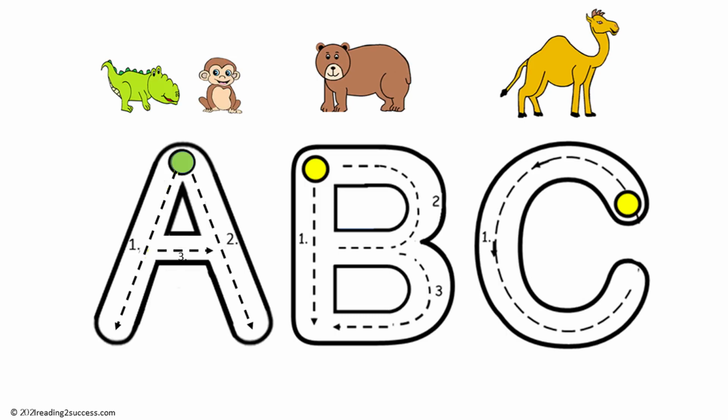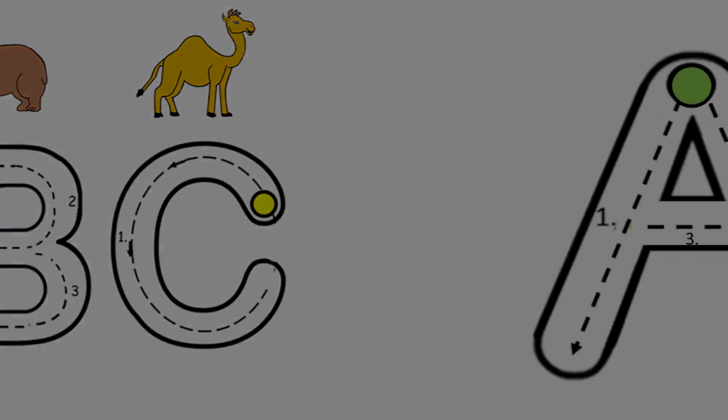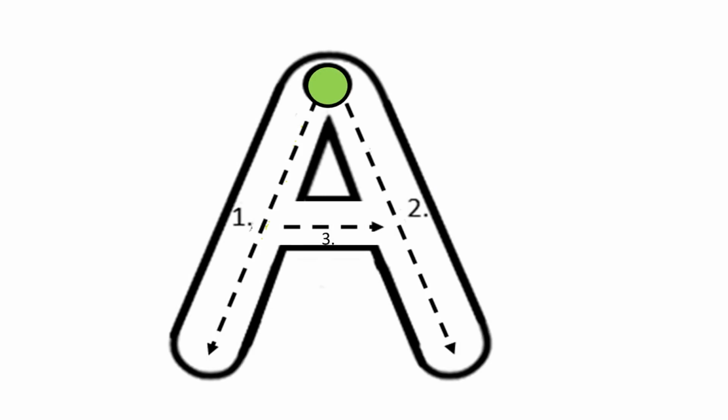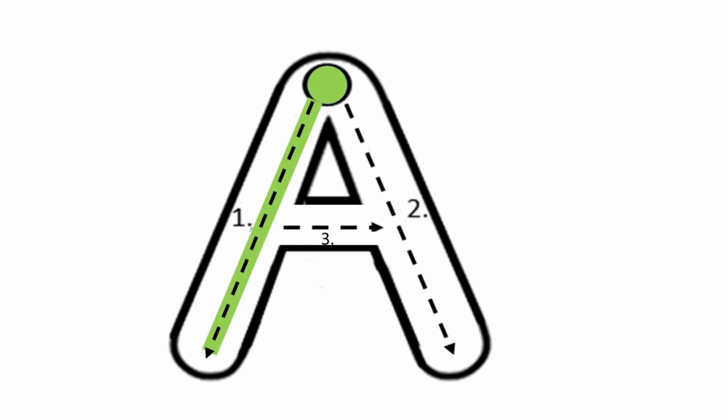Now have kids trace over the dotted lines according to the numbers. Start with the example of the letter A. Begin at the green circle and trace down the dotted line with the one next to it.